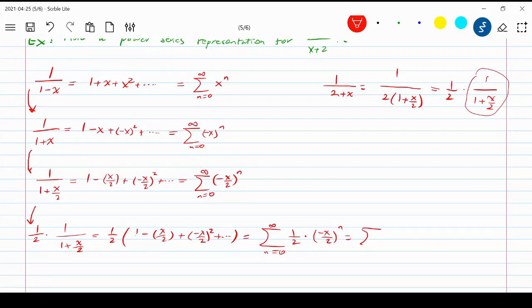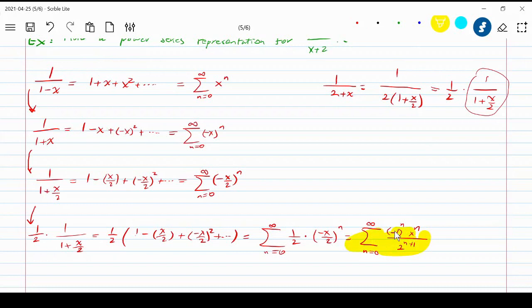This is the part that you would simplify. The 1 half times negative x to the power half, you can write as negative 1 to the power n, x to the power n, and you have 2 to the power n times 2. So this is 2 to the power n plus 1, n from 0 to infinity. And here it is.